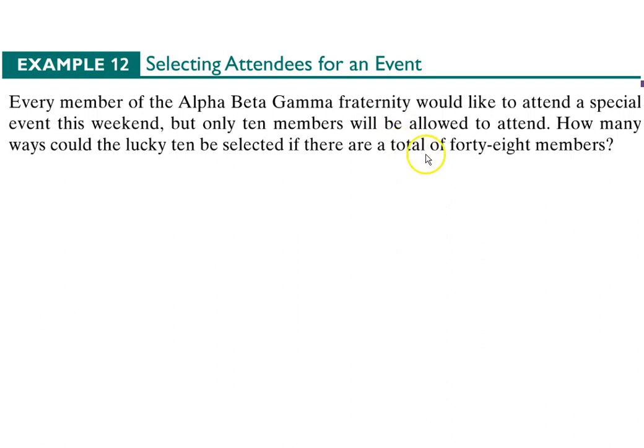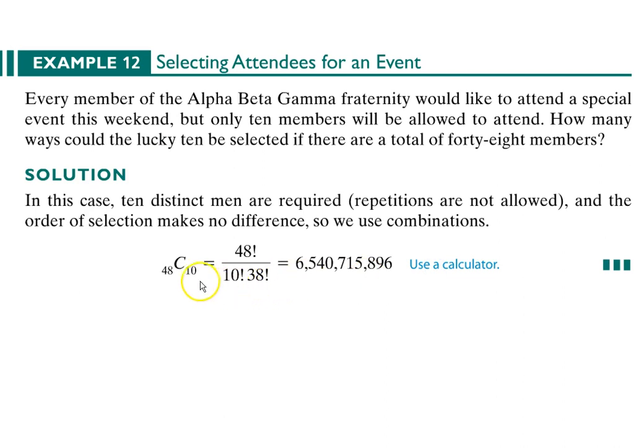No. So can you see n is going to be 48, and we're selecting 10, and this is a combination, as you see here. And again, over 6 billion ways. Wow. Numbers get quite extraordinary, and if we were trying to list them.